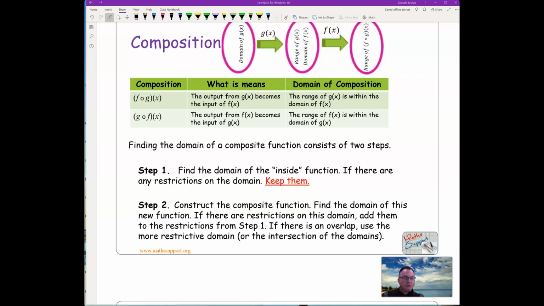Then we look at the domain of the inner function and the domain of the composite function, and we combine those. Now, if there's an overlap between the two domains, then we use the more restrictive domain, which is the overlapping part, and we'll see an example of that here in just a few minutes.